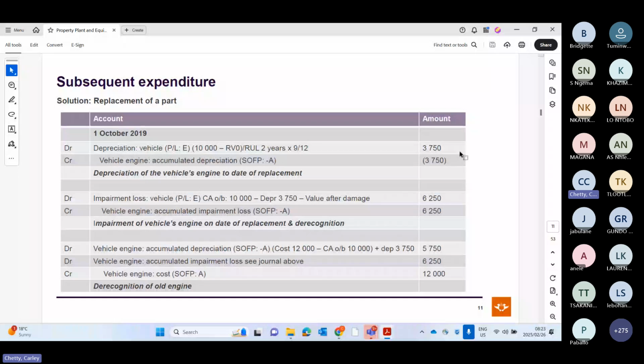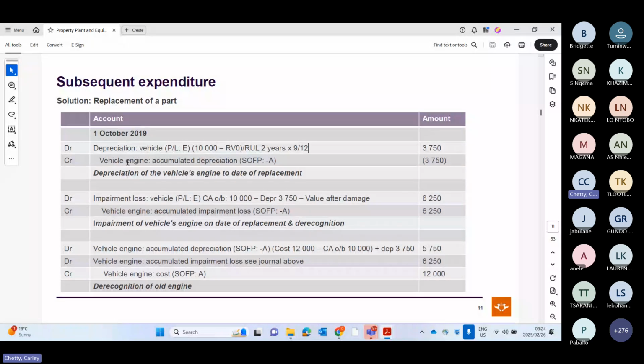And then we credit vehicle engine accumulated depreciation. You'll see here that when processing these journals, because there are significant parts, you need to specify which part you are depreciating.